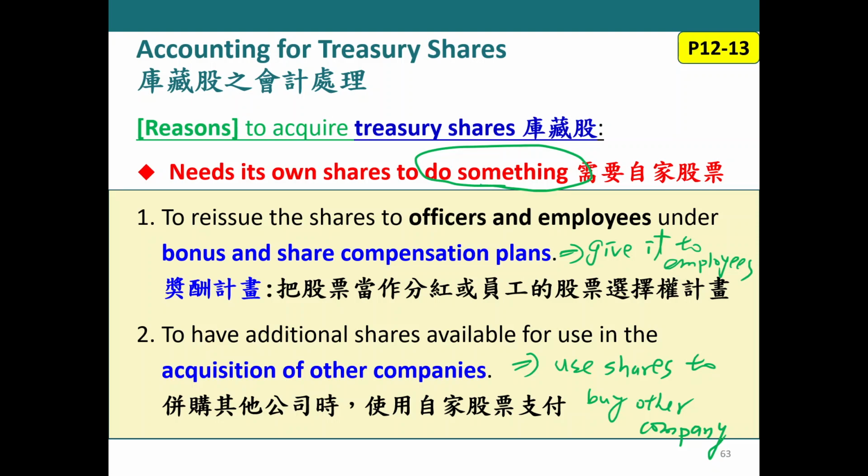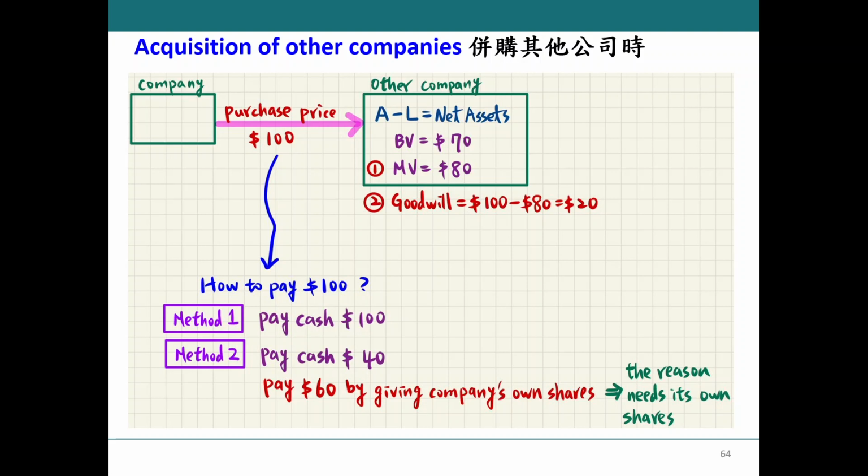When you try to buy something, it's not always paying cash. When I try to buy something, except paying cash, I could pay with shares to make them become our shareholders. So this is another way. For example, your company tries to buy another company. What is the other company's value? Remember, book value $70. What does book value mean? It means the value on accounting books, right?